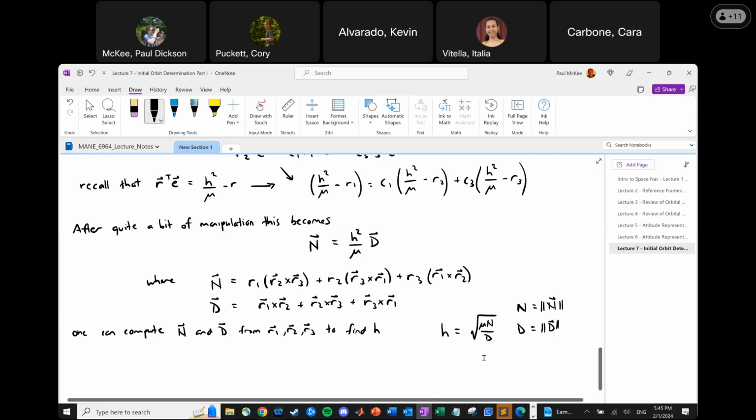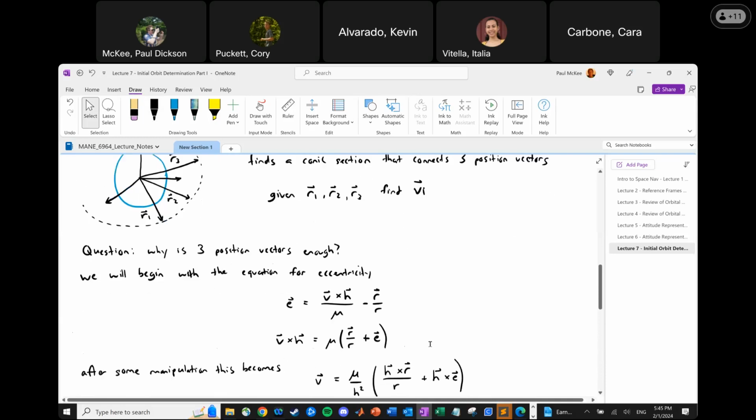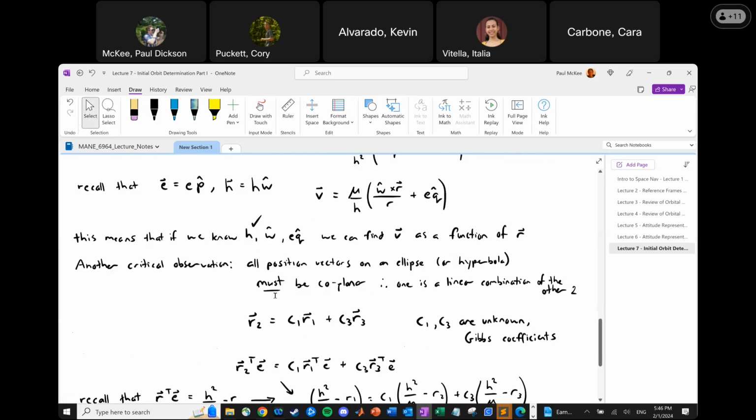Okay, so checkpoint. We found H. I'm going to scroll up. Don't worry, I'm coming back. We've established if we know H and we know W and we know EQ, we can find V as functions of R. So next we need to go find W as functions of R.